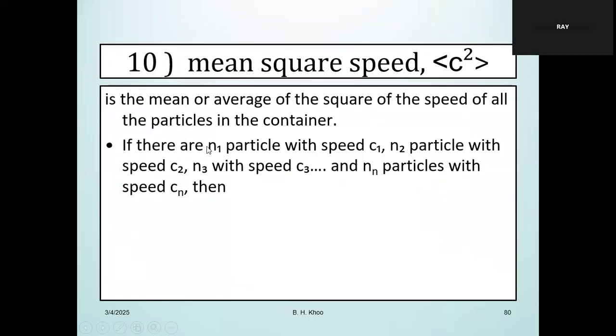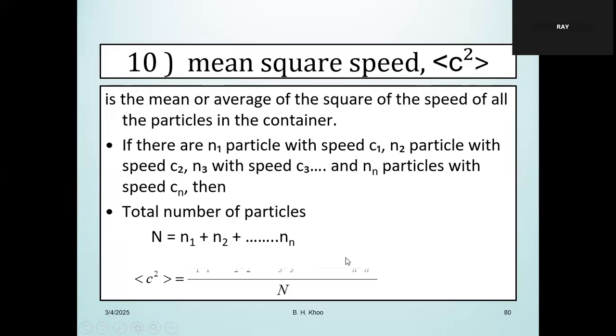So if there are n1 particles with a speed c1, n2 particles with a speed c2, n3 particles with speed c3, and nn particles with the speed cn, then the total number of particles will be, we just add all the n1, n2, n3, and nn together. So that's what it means. Mean square speed, right? Divided by N. Okay, so far?